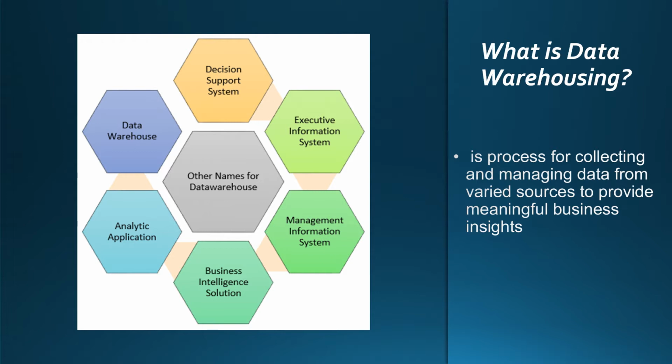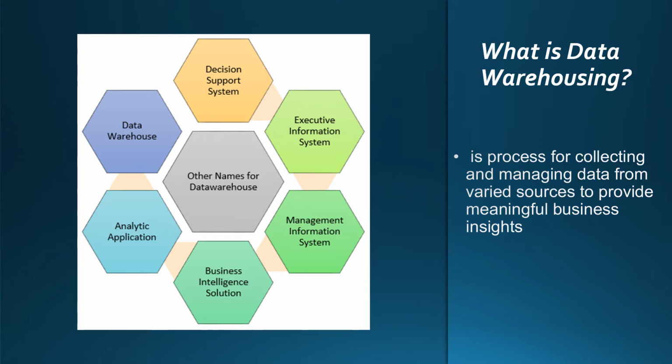The first thing we should understand is the meaning of data warehouse. The definition of a data warehouse is a process for collecting and managing data from a wide range of resources to provide meaningful business insight, which means a data warehouse can manage data from different resources to make it easier.